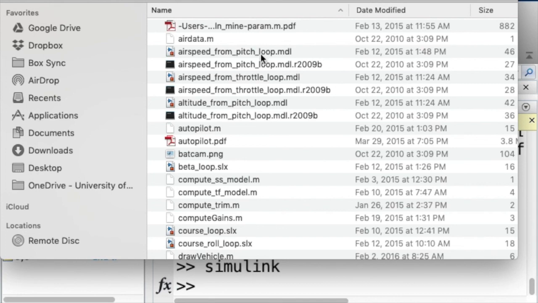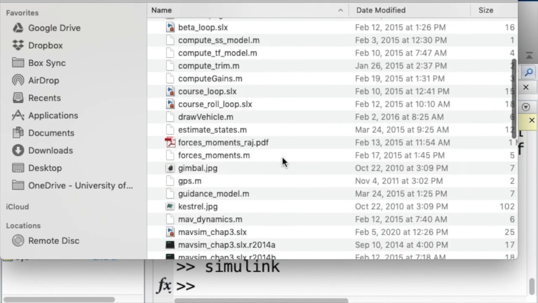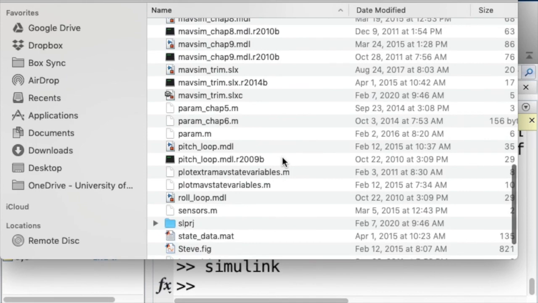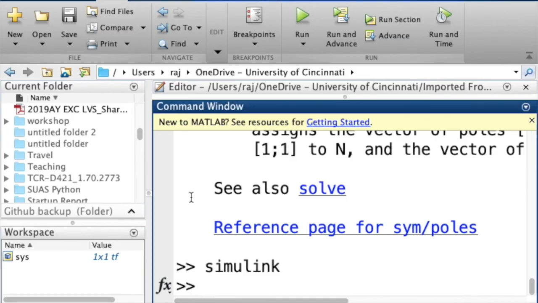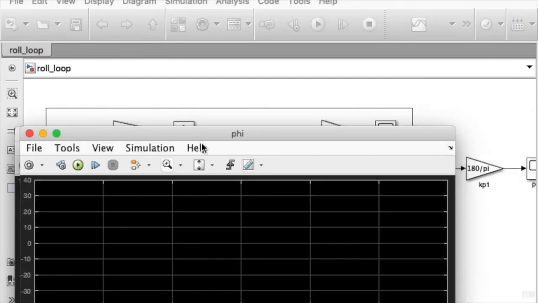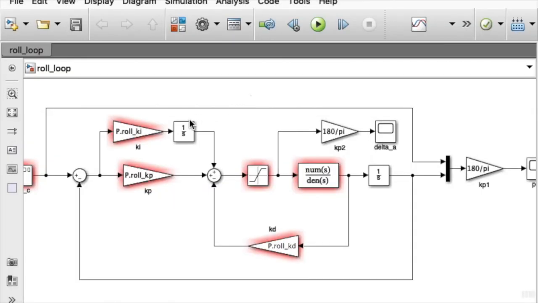Airspeed from pitch or course loop, roll loop. Okay, 1 over S. Ah, so actually there is nothing. You actually need to get a theta dot.